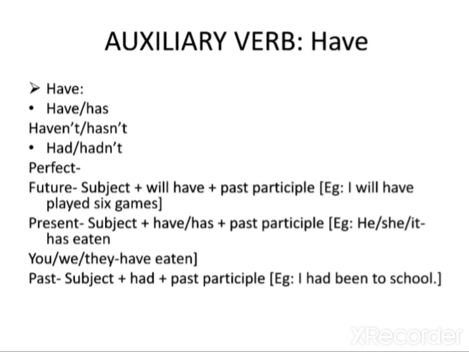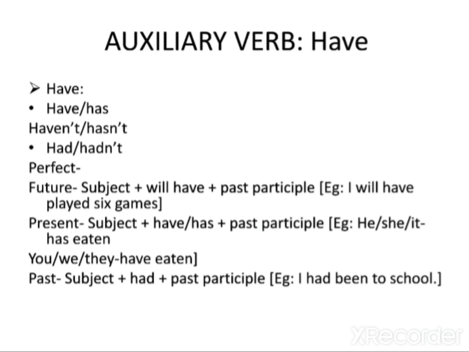If we are using present perfect, we are going to use the subject have or has plus the past participle. So if you can think about this have, in the present tense is have and has.